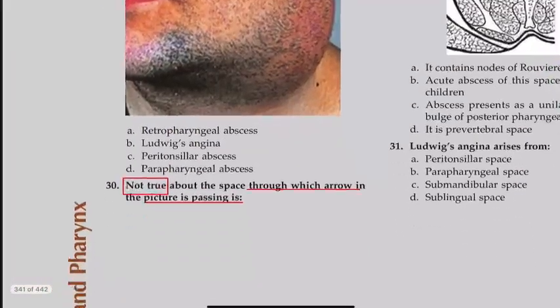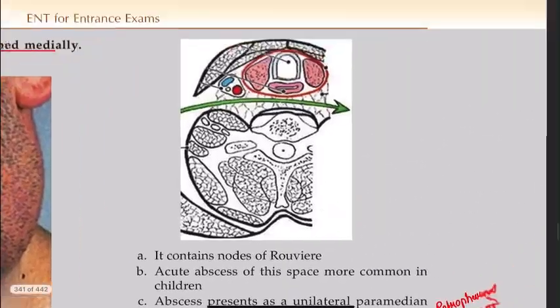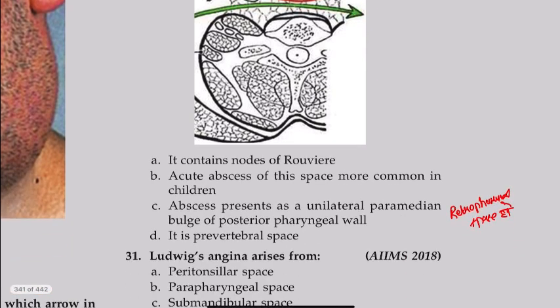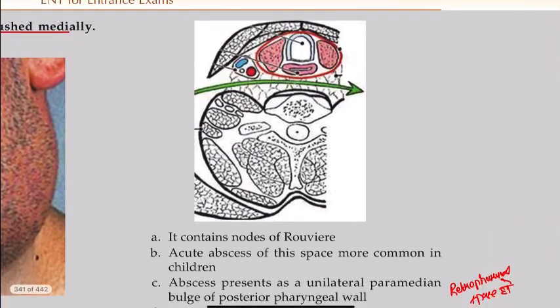Now, which is not true about the space through which the arrow in the picture is passing? So here this space is passing between what? Here this space is our, no, sorry, this space is the retropharyngeal space, right? Why?